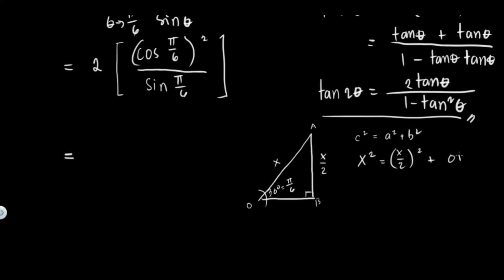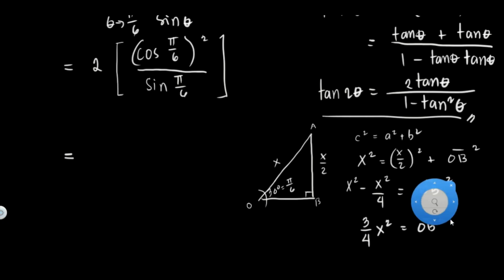Lagay natin, line OB square. Transpose this to other side, we have X square minus X square over 4. X square, then 2 square, so 4, equals OB square. 1 minus 1/4, o, di 3/4 yan. X square equals OB square.